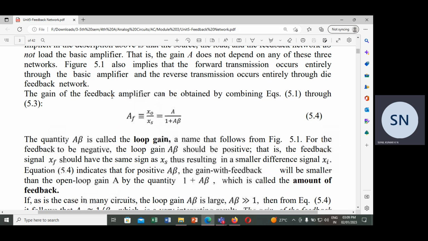Without feedback, whatever gain we are going to get, that we are going to mention as open loop gain. So A corresponds to open loop gain. So this is closed loop gain. So open loop gain over 1 plus A into beta, because we are connecting this. So we are going to get this as the gain.